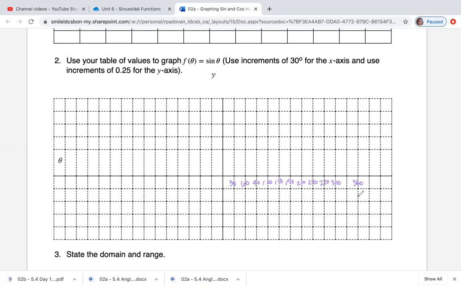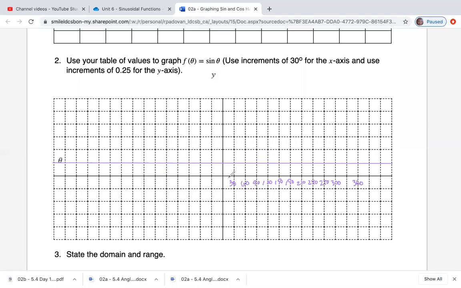And then here, I think I'm going to add in a line because otherwise our graph is going to look off. So if we add in a line here that was missing. Okay, and we want to go up by increments of 0.25 for the y-axis.